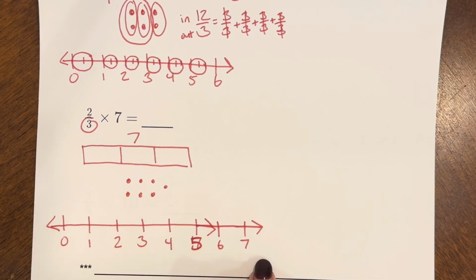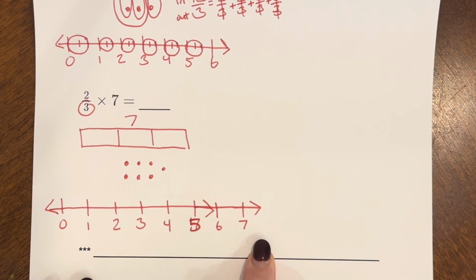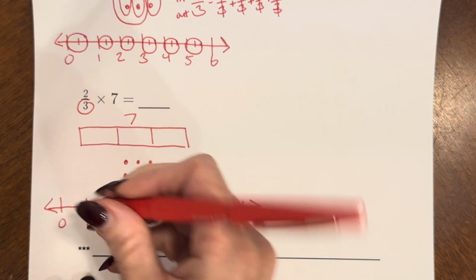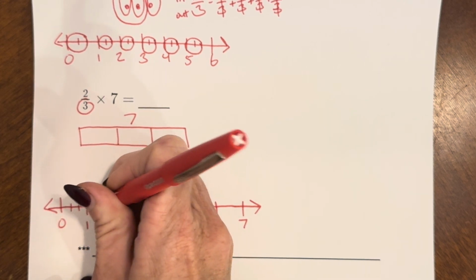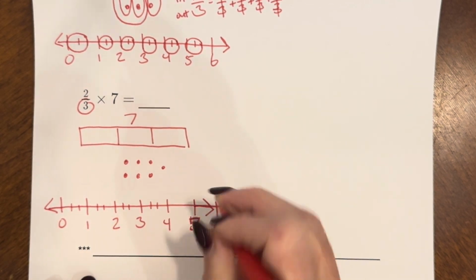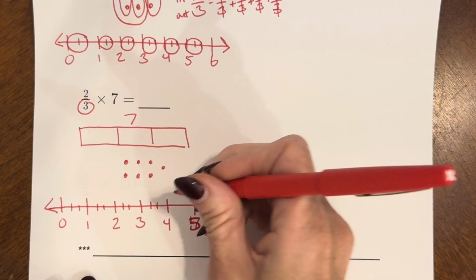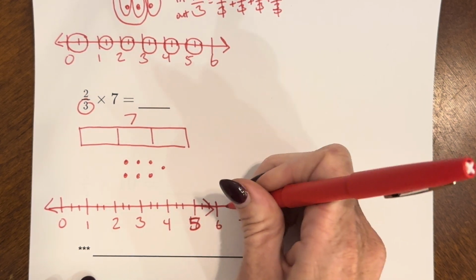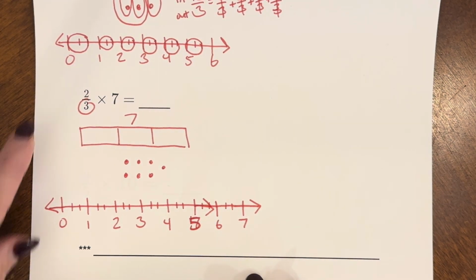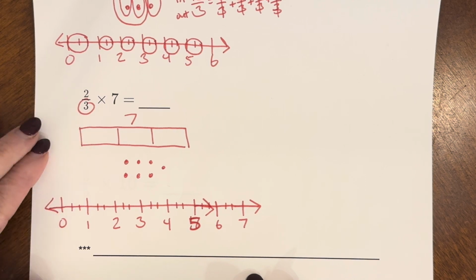So I have to have 0 to 7. And for each whole, I need to cut it into thirds. So each whole is going to be cut into 3 pieces. And for each whole, I need 2 of the 3 pieces.